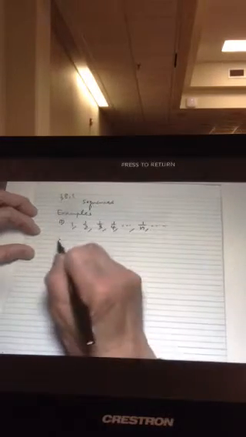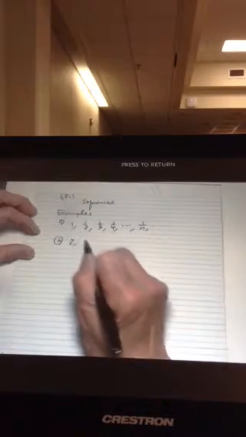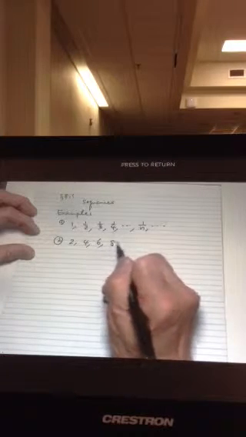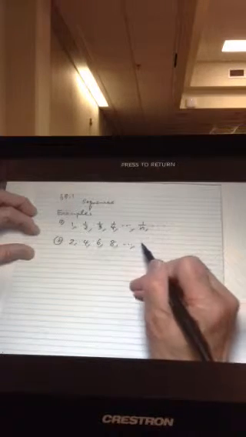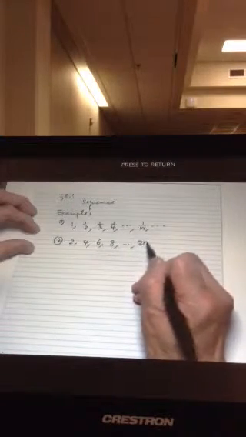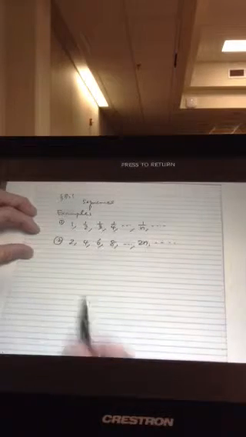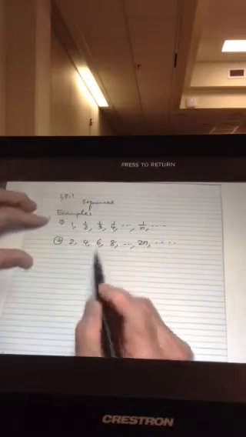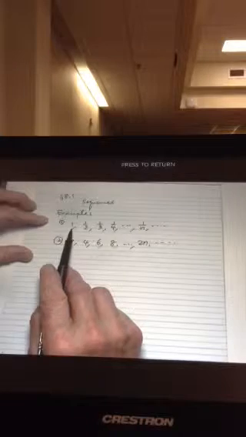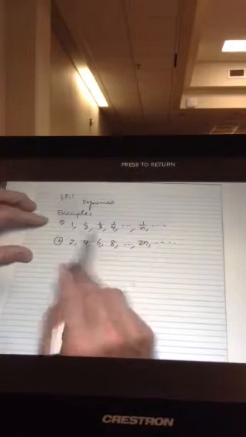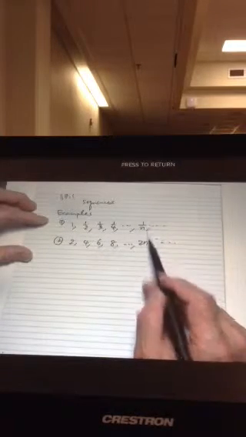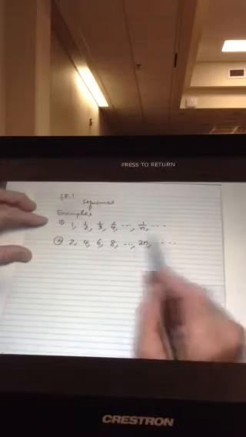And then it could be, for example, 2, 4, 6, 8, and then 2n. So normally a sequence is a set of numbers, and normally there's a rule among it. So this is called a sequence.